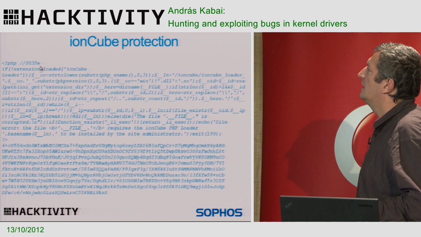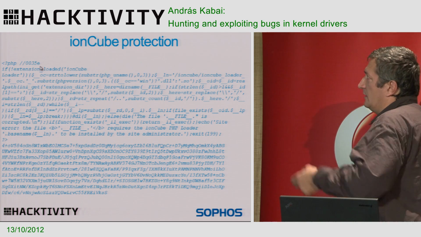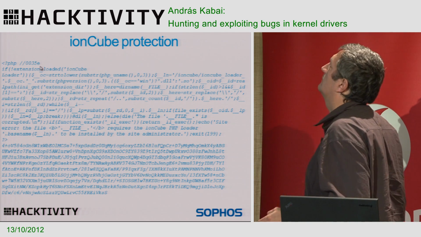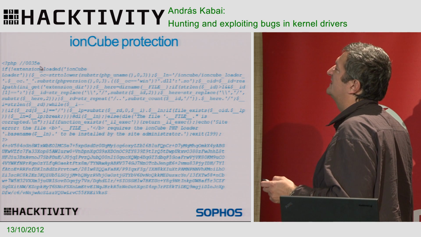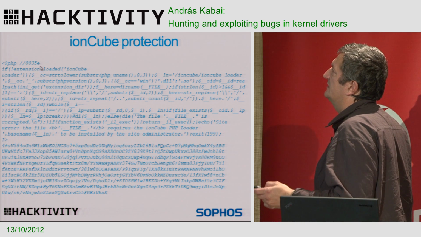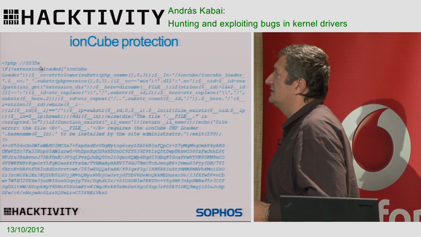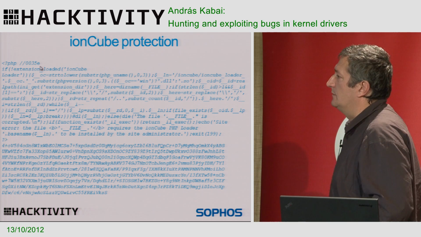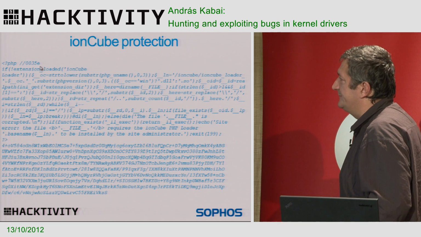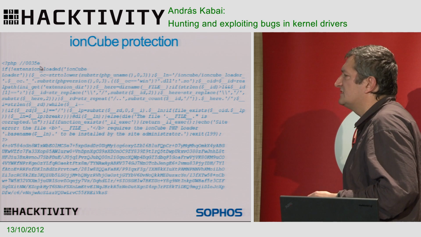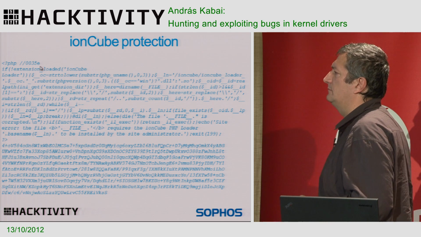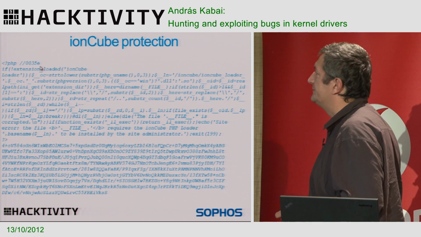After applying ionCube to that, you get this source file. The first part is a loader. It's a static loader, always the same for all protected files. The second part is the encrypted and signed almost original code.